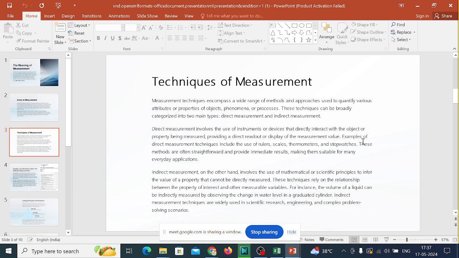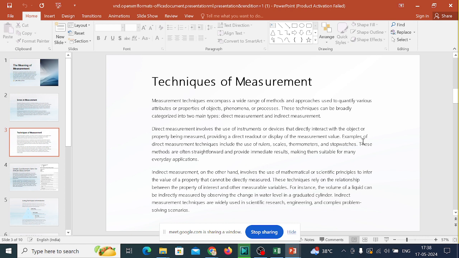These techniques can be broadly categorized into 2 main types: direct measurement and indirect measurement. Number 1 is direct measurement, number 2 is indirect measurement.